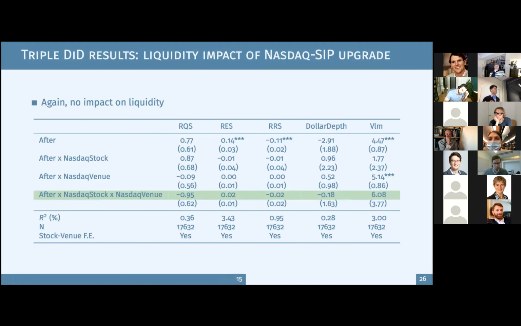And then I run the triple diff, comparing whether the difference between the LYCE stocks and the Nasdaq stocks has a differential impact on the Nasdaq exchange versus other exchanges. So we care about the coefficient on the triple interaction term. And again, on the liquidity measures, there's no change.